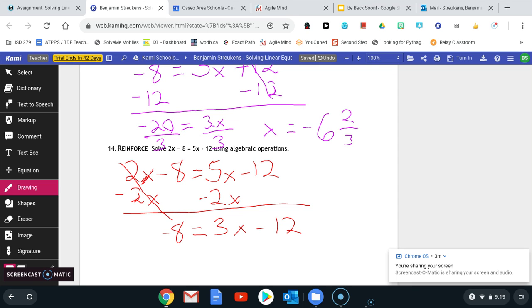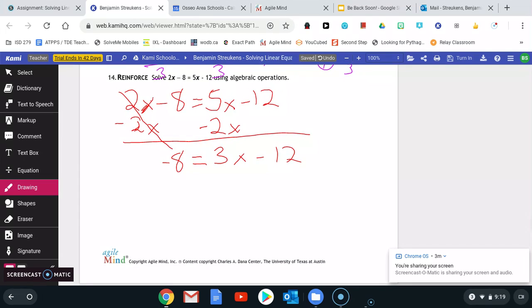We have to remember to keep that negative sign because it's in front of the 8. Then I'm going to add 12 this time instead of minus 12. So those still cancel out. Negative 8 plus 12 equals 4, a positive 4, and then 3x. So the 3 and the x are being multiplied together, so we have to undo that.